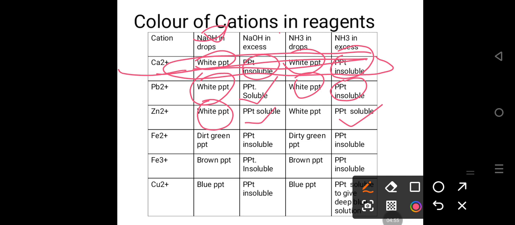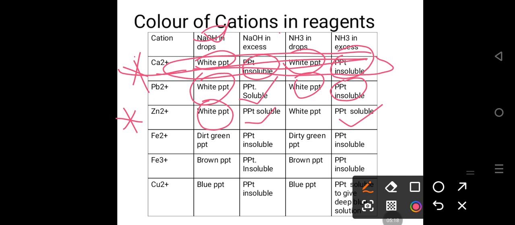So you can see that zinc is almost acting as the opposite of calcium, because in excess for calcium, it did not dissolve, but in excess for zinc, both dissolved. Zinc is more obedient because it dissolves in sodium hydroxide and excess of aqueous ammonia.